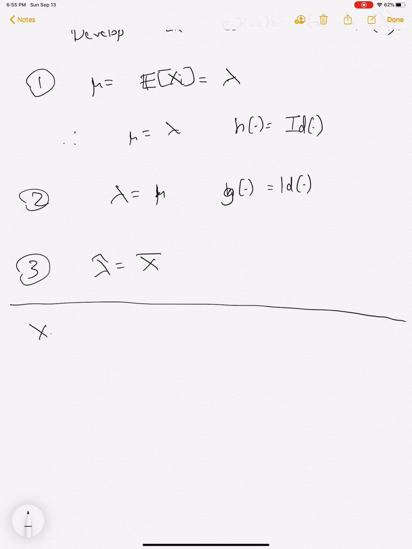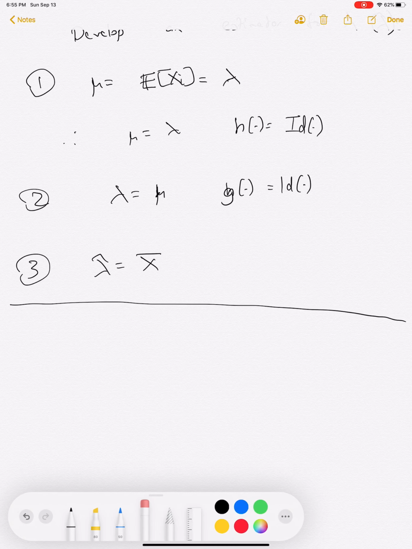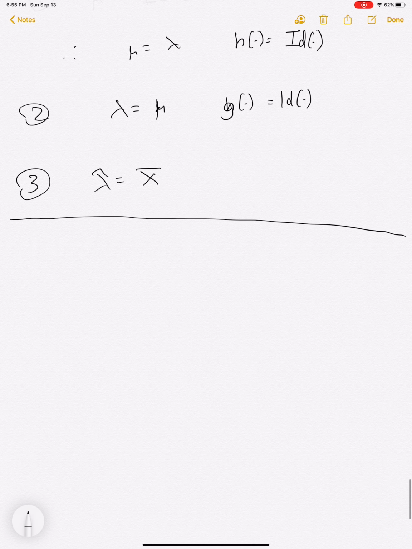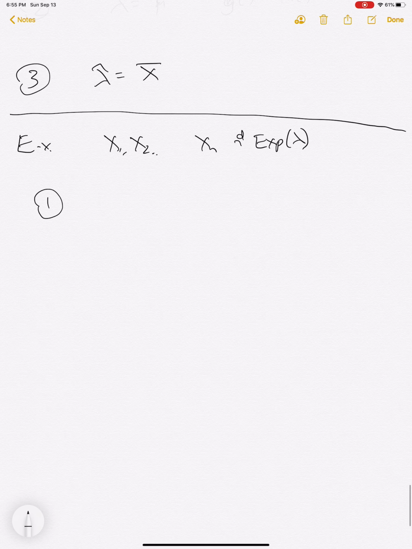And then the example we just saw before, I'll go through it again just to put it into the framework that we've just seen. If we look at the exponential lambda random variable, for step 1, mu, which equals E of Xi, is 1 over lambda.